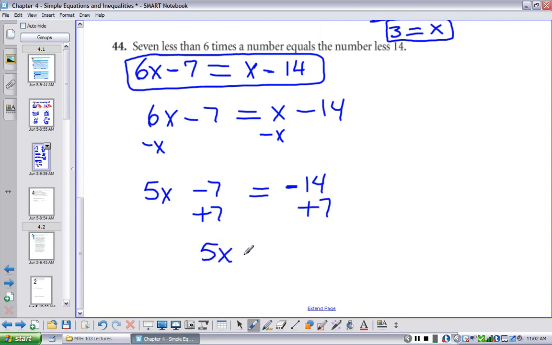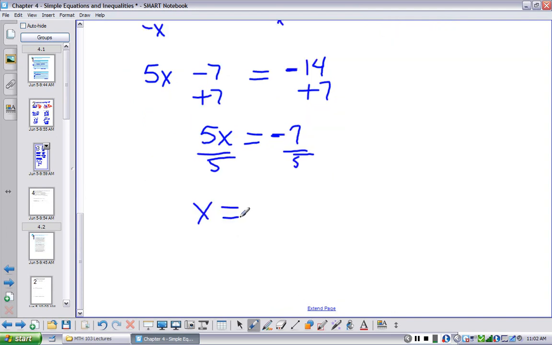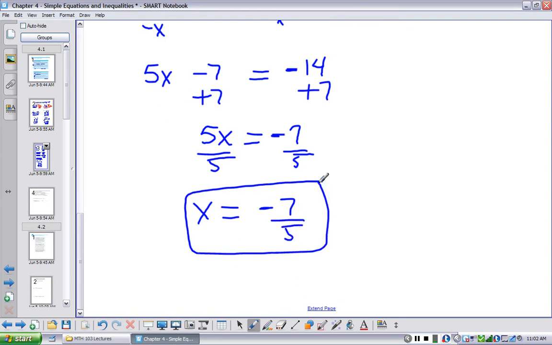So we have 5x equals negative 7. Divide by 5. We have x equals negative 7/5. And yes, it is possible for us to get fractions back as an answer. In the previous problems, they all turned out to be integers or whole numbers. But hey, sometimes it does not work that way.